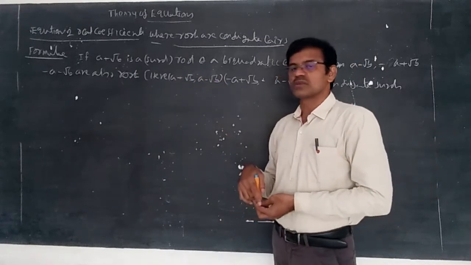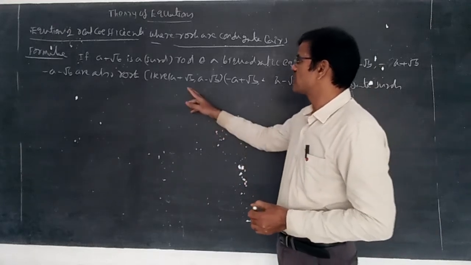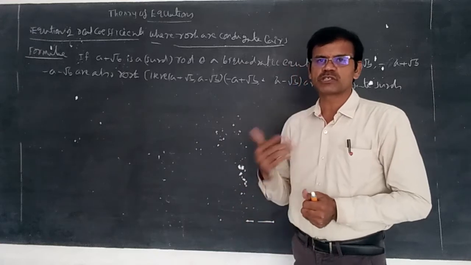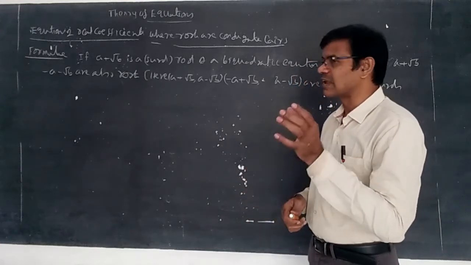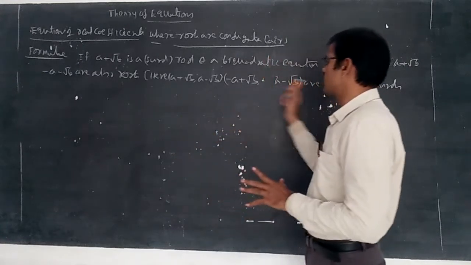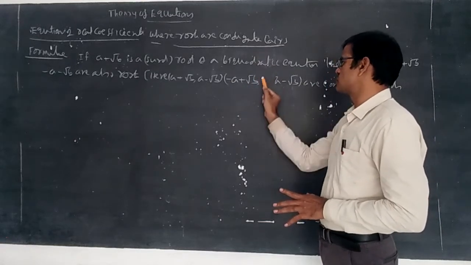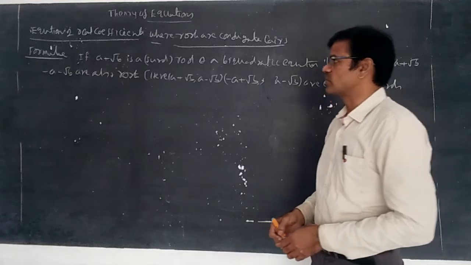In some cases, in x power 5, x power 6 cases, we can understand if 2 plus root 3 is a root, 2 minus root 3, minus 2 plus root 3, minus 2 minus root 3 are roots. If he did not mention clearly, then you can understand 2 plus root 3, 2 minus root 3, that's all. Forget about this one. If he gave minus 2 plus root 3, minus 2 minus root 3 only as roots, forget about this one. Like that, of course, you can understand by solving the problems.